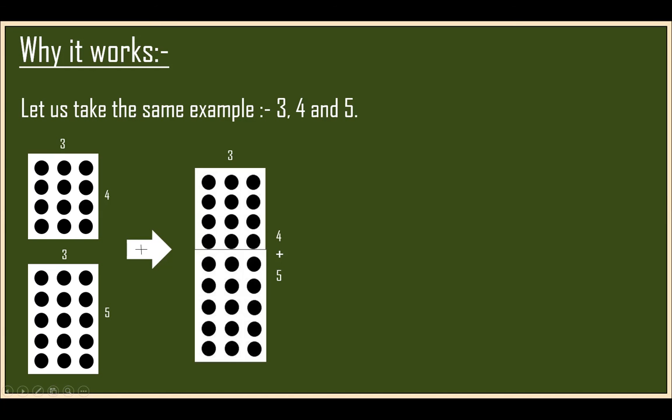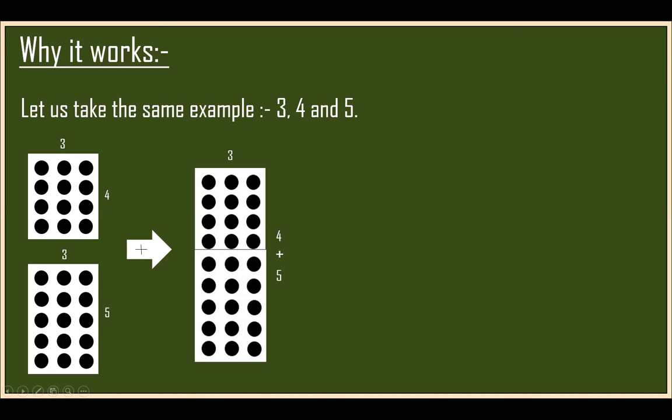Over here the number of dots in the smaller rectangle equals 3 times 4, or A times B. In the larger rectangle it is 3 times 5, or A times C. So when we add these, what happens? The shorter side, which is length 3, remains the same because it's common to both.